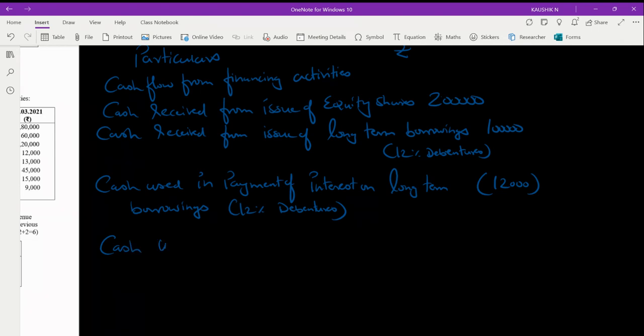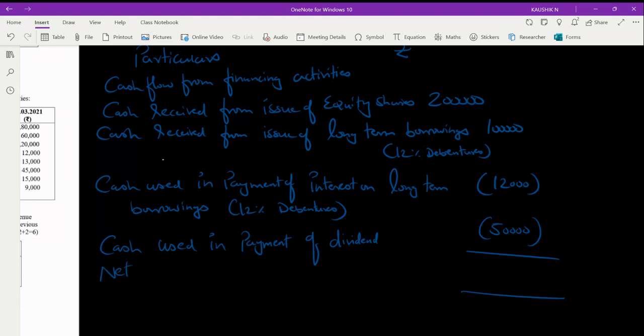So cash used in payment of dividend, 50,000. So you have positive value of 3 lakh, you have negative value of 62,000. So your final value will be positive figure or negative figure. Very good.